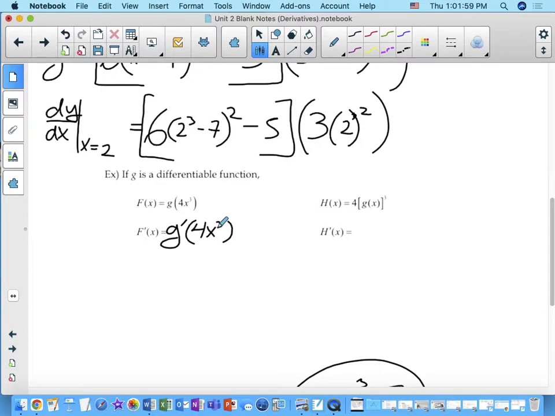The inner function in this case is 4x cubed, so the derivative of that is 12x squared.